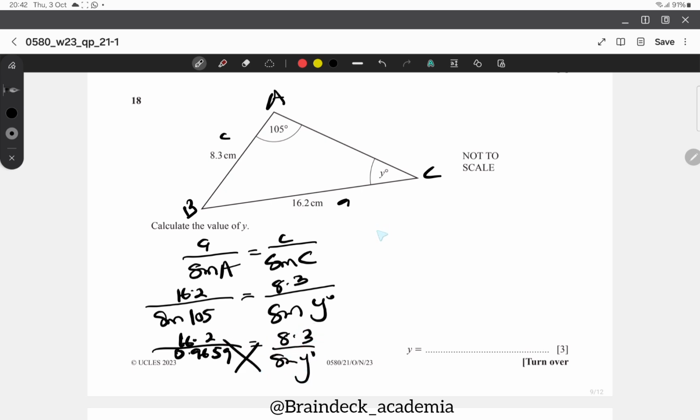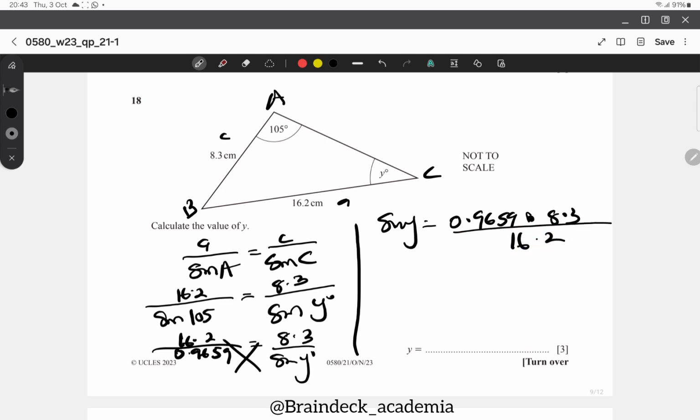If I cross multiply, sine y will be equal to 0.9659 times 8.3 divided by 16.2. Let me just use 0.9659 times 8.3.